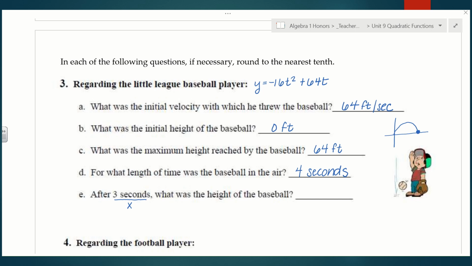So if you can pull up the table, Control T, you want to look on the table where x is 3, because that will tell us what the height of the baseball is after 3 seconds. So on your table you should see when x is 3, y is 48, which means the height of the ball is 48 feet after 3 seconds.